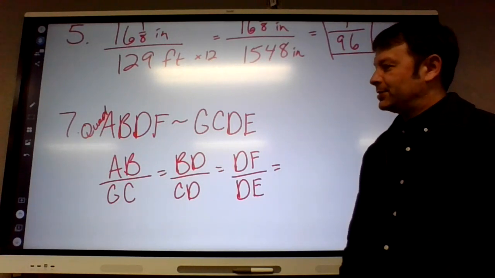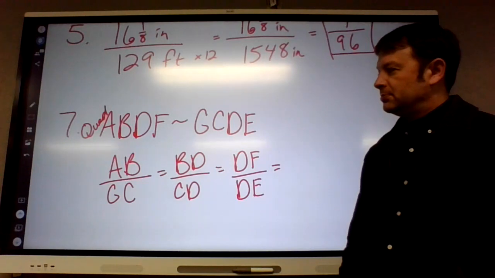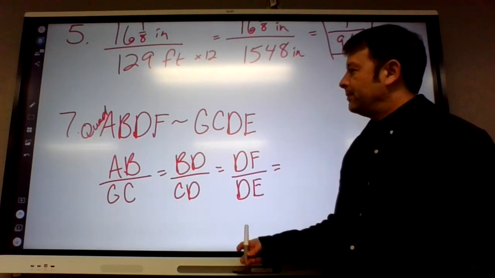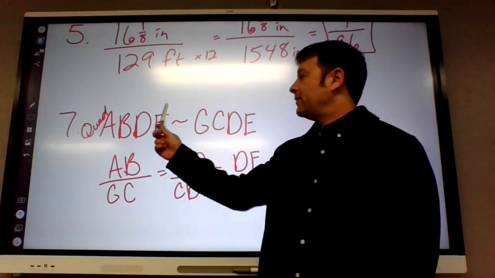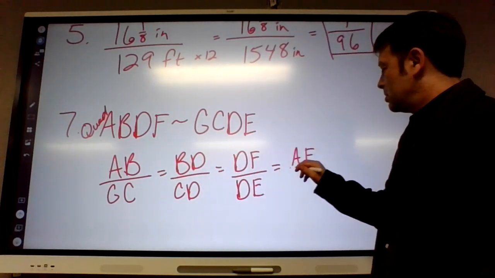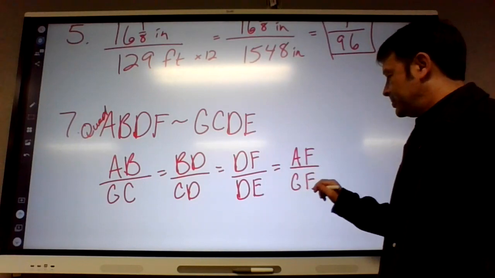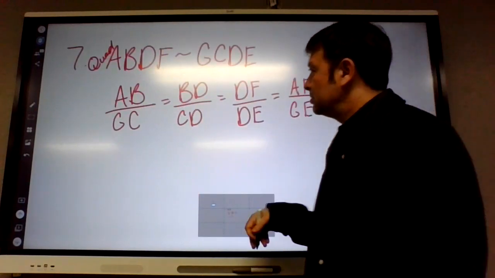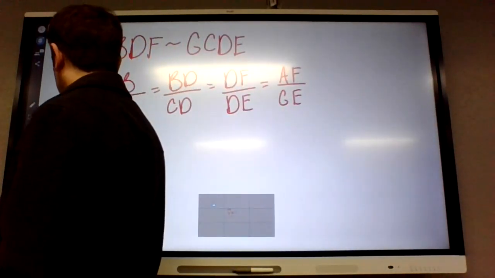Which one did I not list? AF and GE, or you could say FA and EG. You can look at the picture and get this from it, but don't really need it.